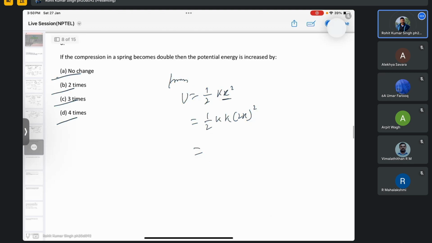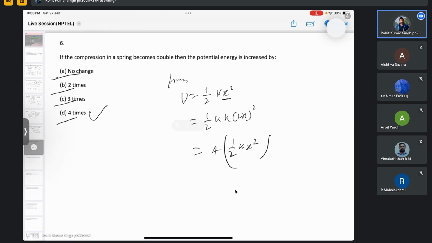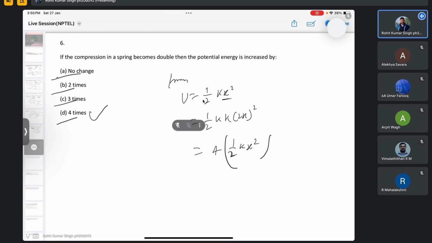So it will be 4 times half kx square, right? So it will be 4, not 2. Is it fine? Again, just to remind you of the formula. This is the formula for potential energy in a spring.